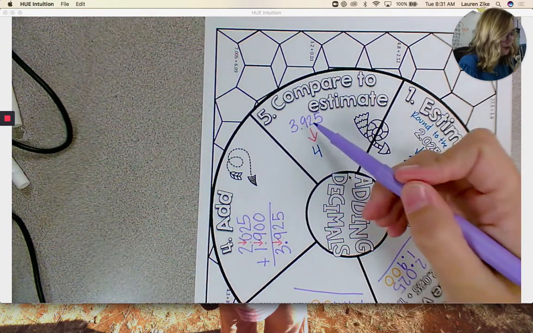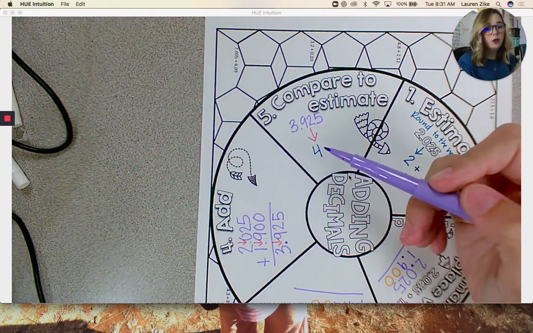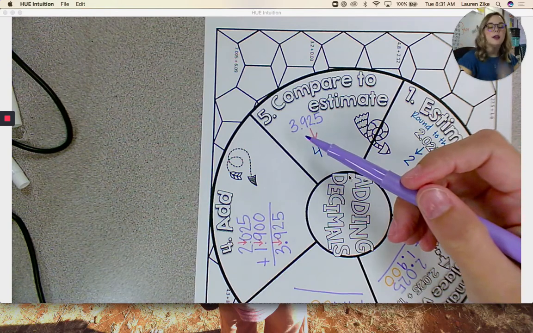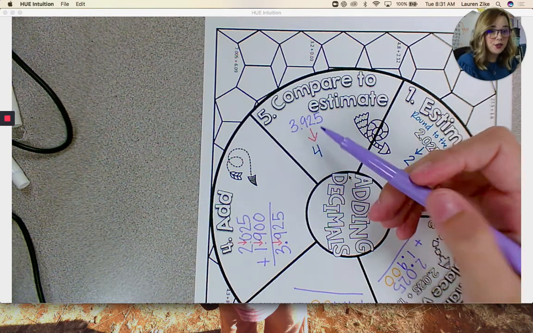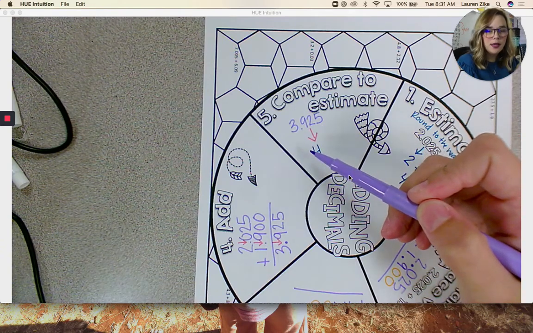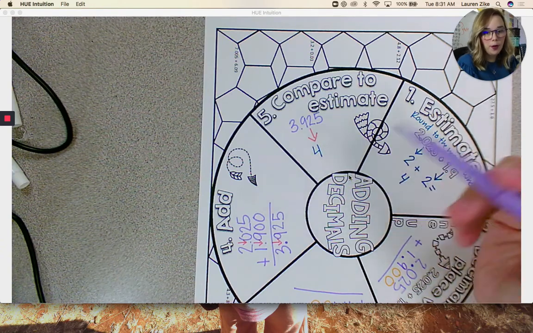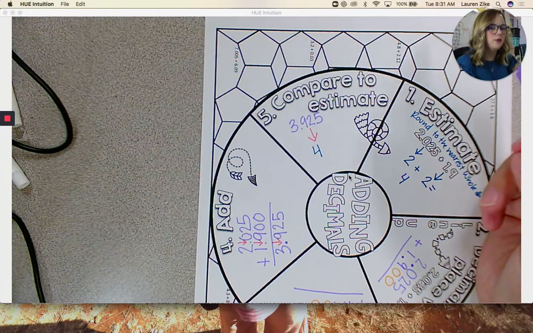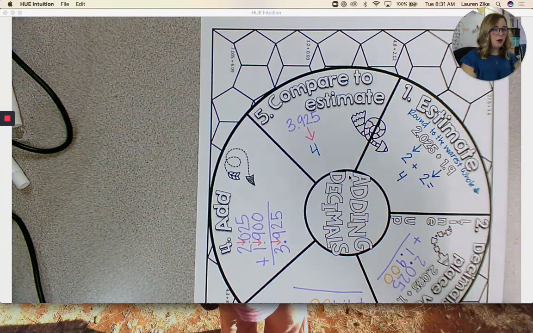If these two numbers are close to each other, then we know that we probably got our answer correct. 3 and 925 thousandths is very, very close to 4. It's only 75 thousandths away from 4. So that tells us that we probably got our answer correct.